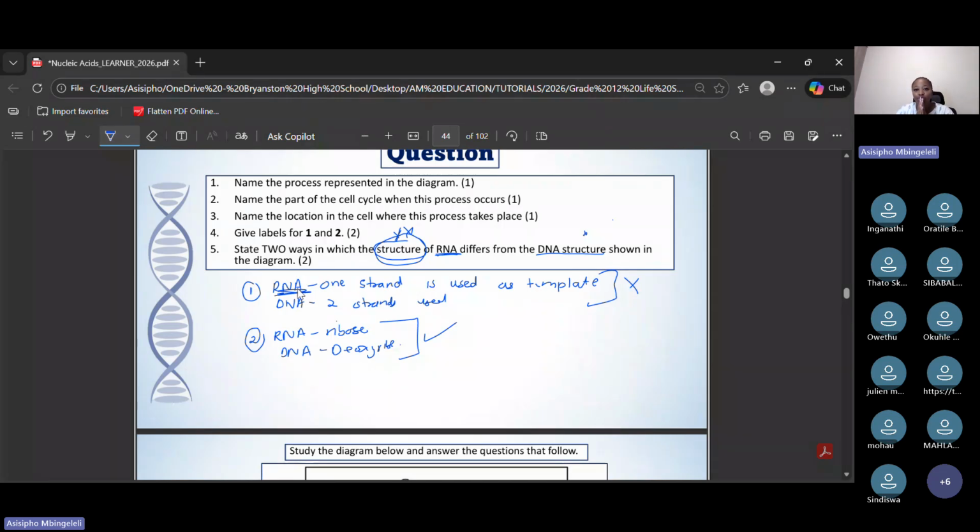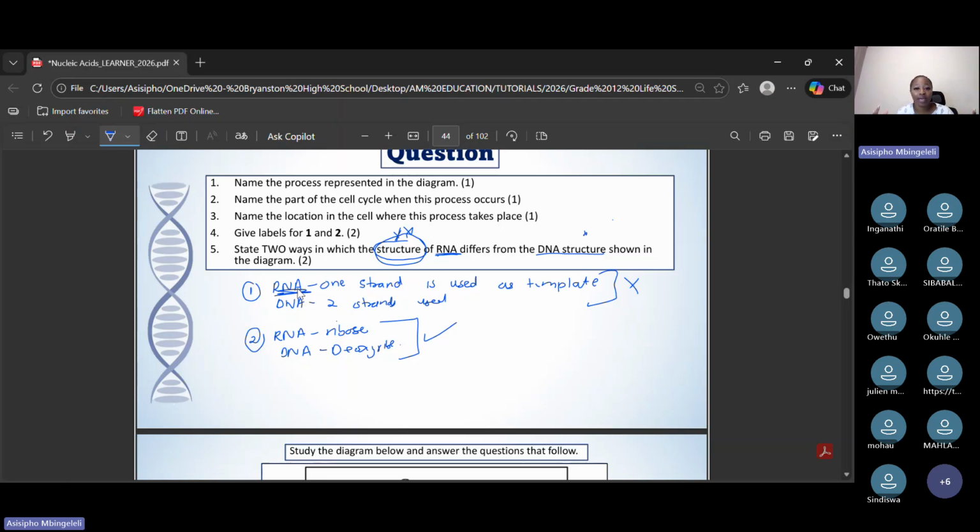We are just comparing an RNA structure with the DNA structure, the basics. RNA is single-stranded, DNA is double-stranded. One has ribose sugar, the other has deoxyribose sugar. In terms of bases, RNA will have a uracil base, DNA will have a thymine base.